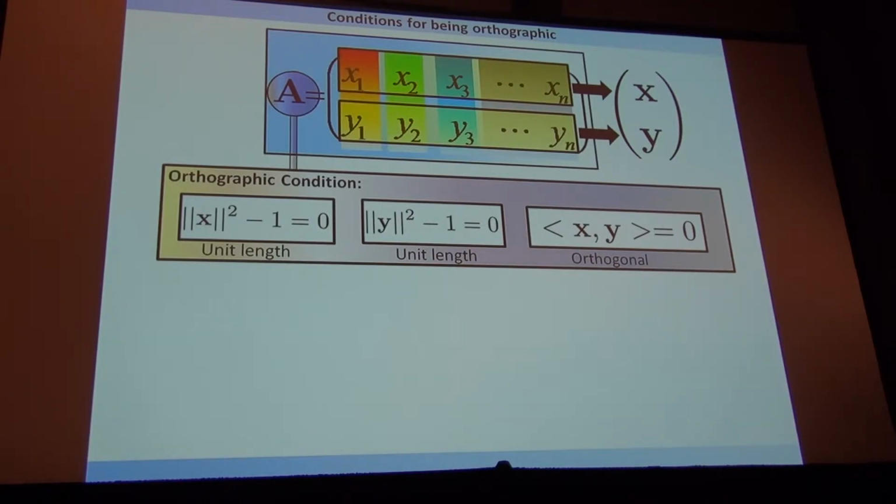So each projection matrix which fulfills these conditions causes orthographic star coordinates.